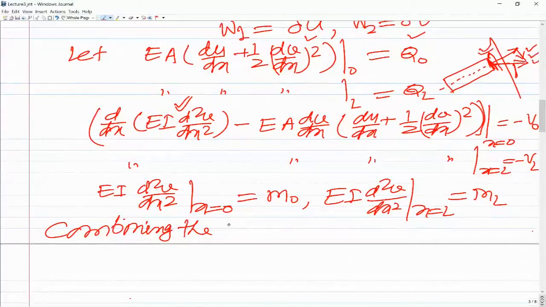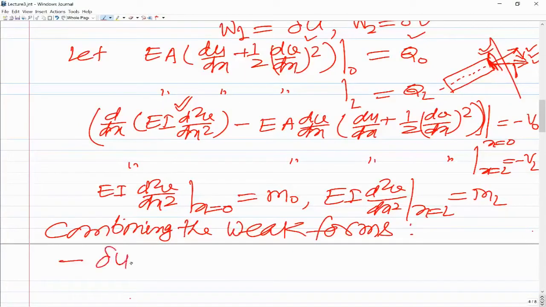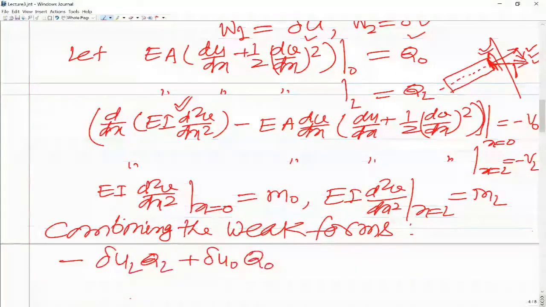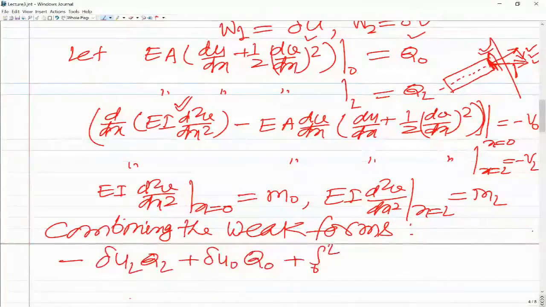So now combining the two weak forms we have got, for the purpose of writing down the expression for the integral functional. The first weak form, based on the approximations and notations we have used, is: minus delta UL into QL plus delta U naught into Q naught, where UL is the axial displacement at x equal to L and U naught is the axial displacement at x equal to 0, plus the same integral term of the first equation.